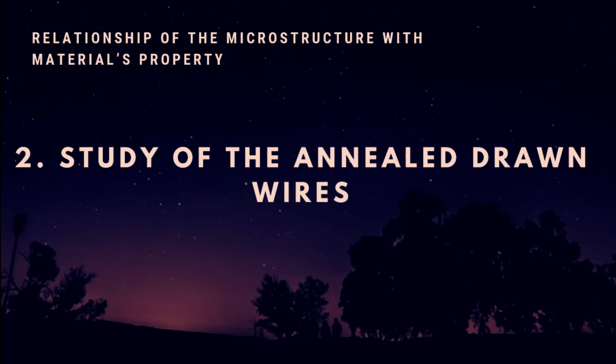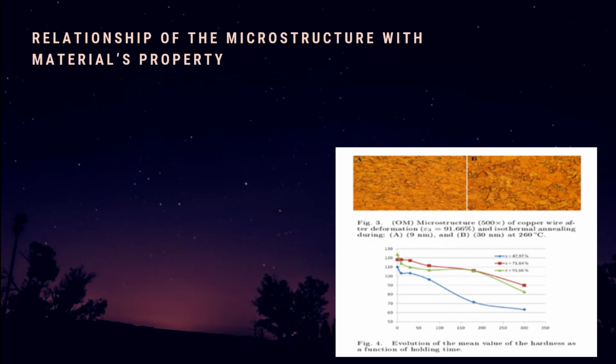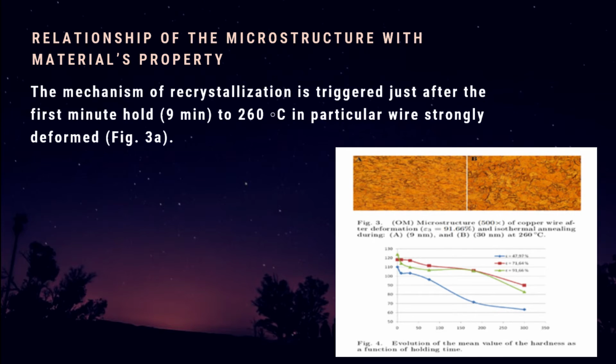The second relationship is the annealing process, which has to do with the heating and cooling process of a material that leads to the recrystallization of that material. In an experiment conducted, the mechanism of the recrystallization process is triggered just after the first minute hold when it is heated up to 260 degrees Celsius. The latter structures develop over the extended holding time.